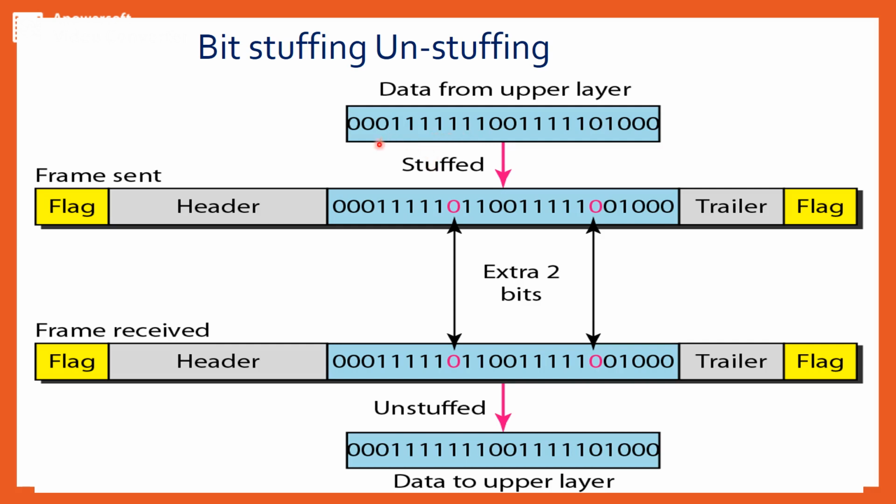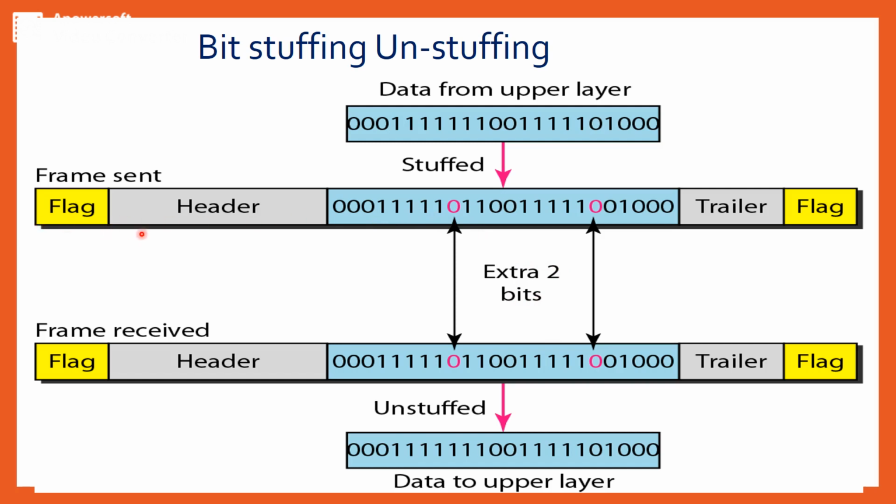In bit stuffing, after 5 consecutive ones, the source node adds one extra bit, which is 0, followed by the actual data. Once again here the same thing: 1 1 1 1 1, 5 consecutive ones, add one extra 0 bit. So in this example 2 extra bits are stuffed along with the actual data.